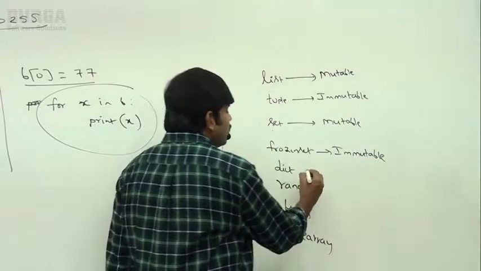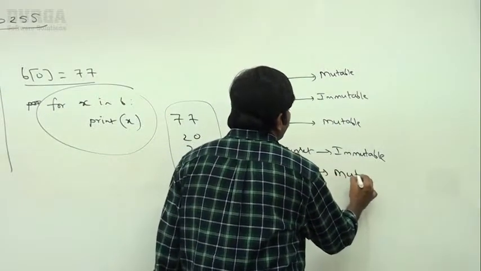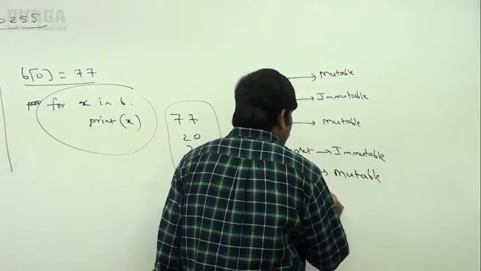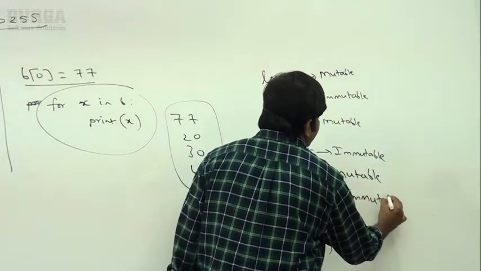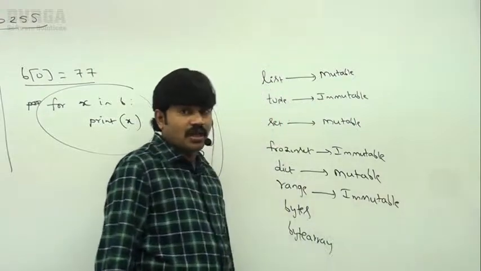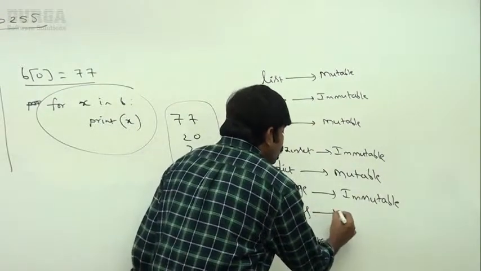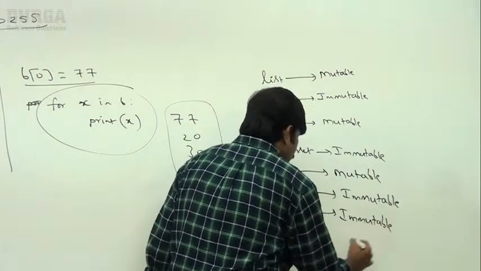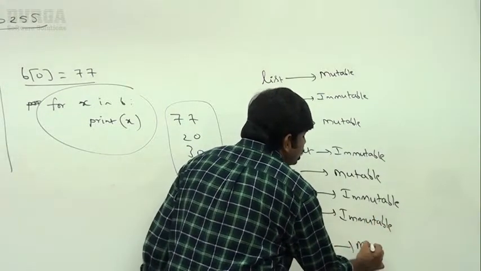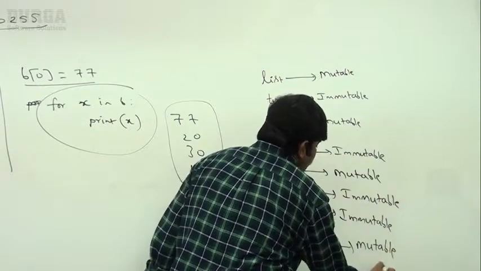Frozen set, immutable. Dictionary, mutable. Range, immutable. Range, you can't change the content because it's always a sequence of values. Bytes, immutable. Next, byte array is mutable, right?